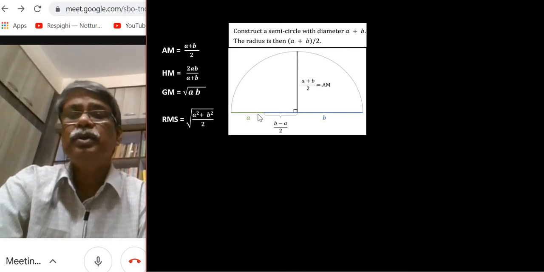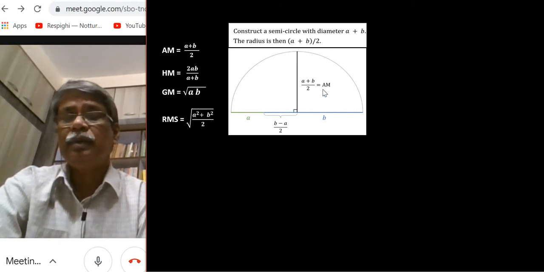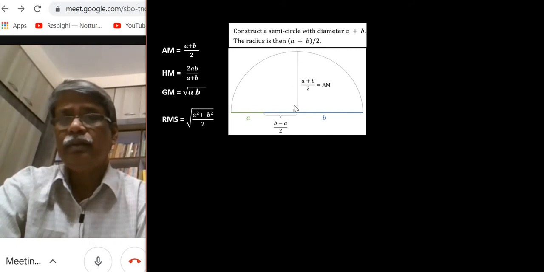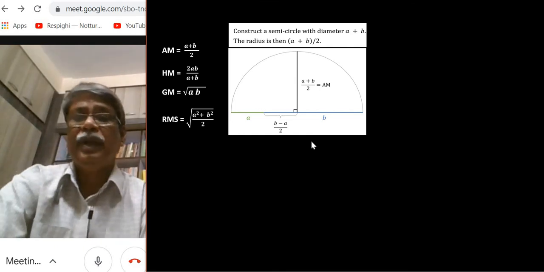So you see, this is the a part, this is the green part, and this is the b part. So the whole a plus b is taken as the diameter, and this is the semicircle as you see. And what is the radius? Of course a plus b by 2, which is nothing but the arithmetic mean. So any radius is a plus b by 2, so also this perpendicular length is also a plus b by 2, that means the arithmetic mean.